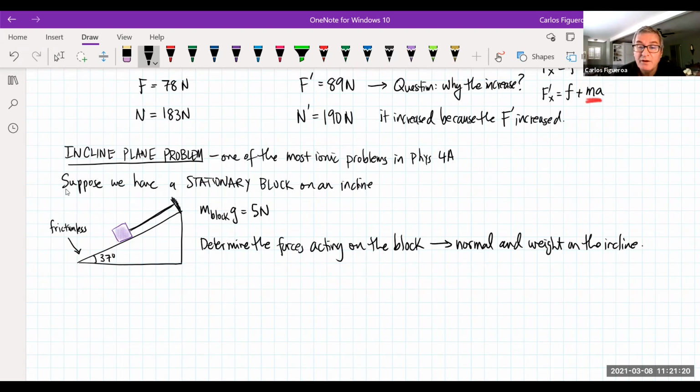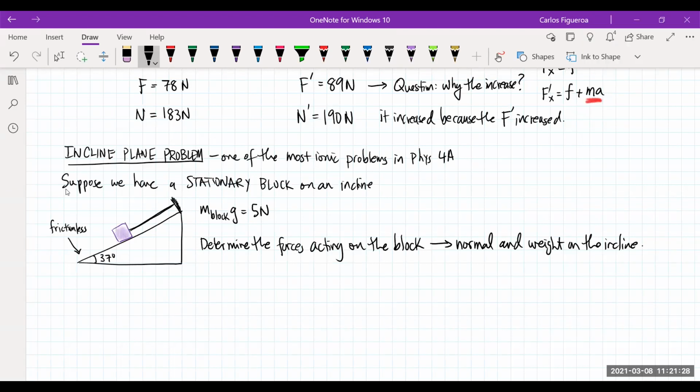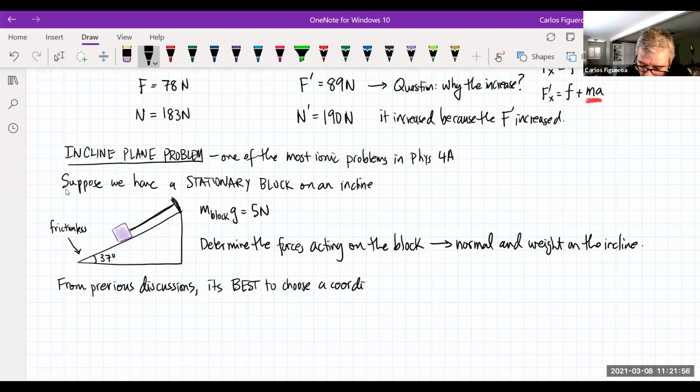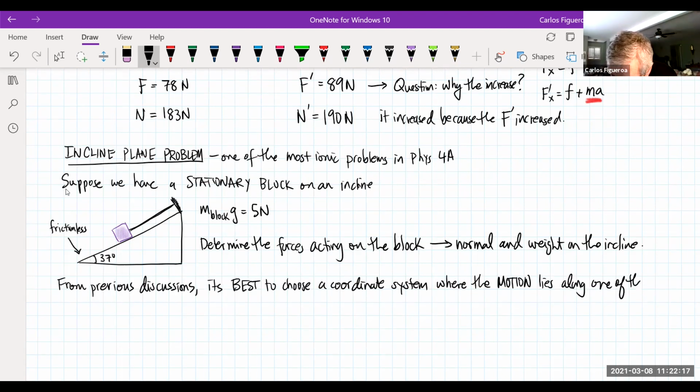Because it's moving along the incline, we really want to choose the axes along the incline.